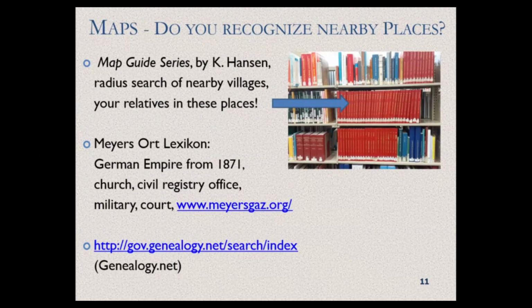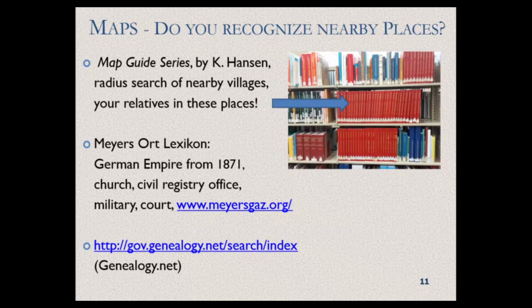And I guarantee you, there will be that other deeper ancestry. It is called the Map Guide Series by Kevin Hansen. As they didn't drive, you can find other ancestors from those nearby places.